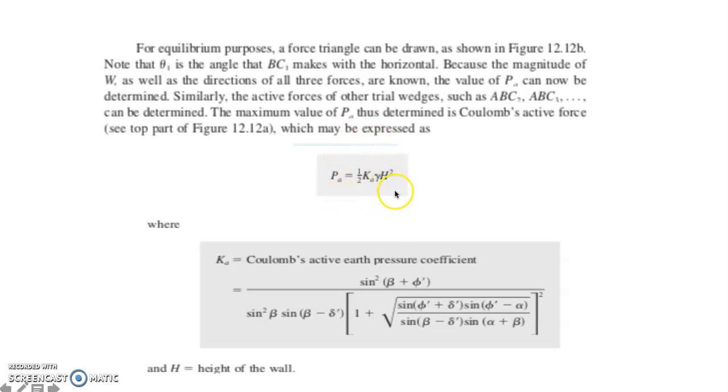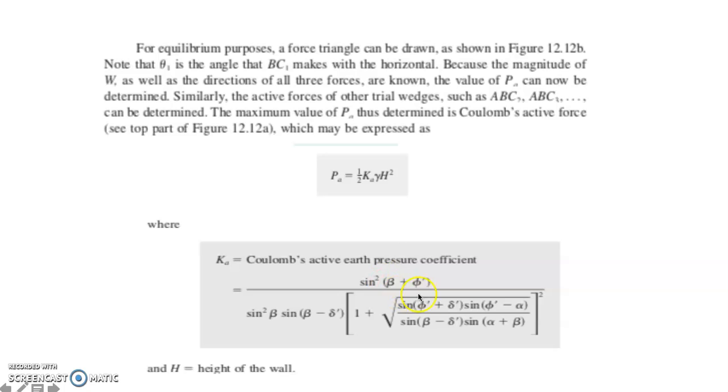According to Coulomb, the maximum value for the total active force is equivalent to this equation, 1/2 K sub A gamma times h squared. And our K sub A is our Coulomb active earth pressure coefficient, and this is equivalent to this equation.